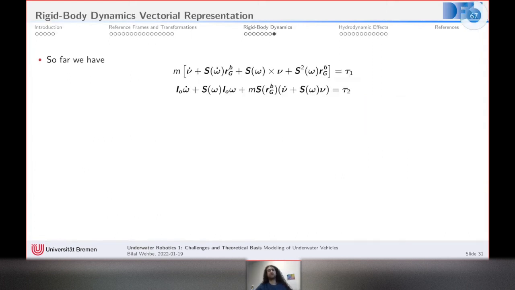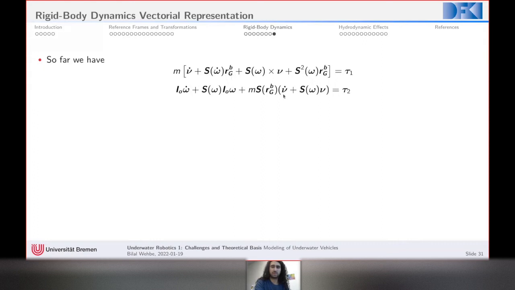Now, if we align those two, so far we have the linear part and the angular part. The linear part describes linear acceleration. You can see here, just by introducing this shift in the point on which we derive the equations of motion, we will always get off-diagonal terms in the inertia matrix, because this is still a function of the acceleration, multiplying this term here, which is the position of the center of gravity.